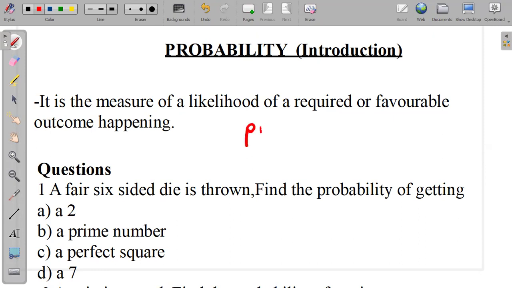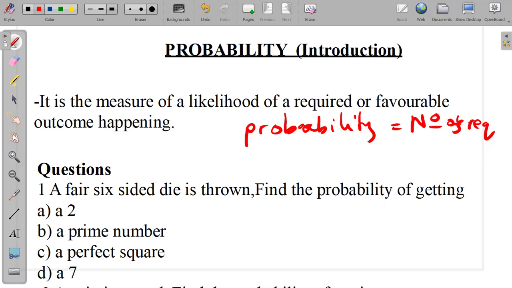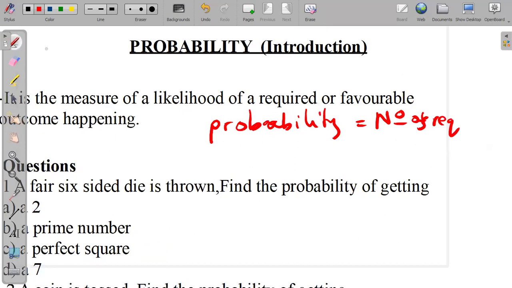We can safely say probability is equal to the number of the required outcomes over the number of the total outcomes.